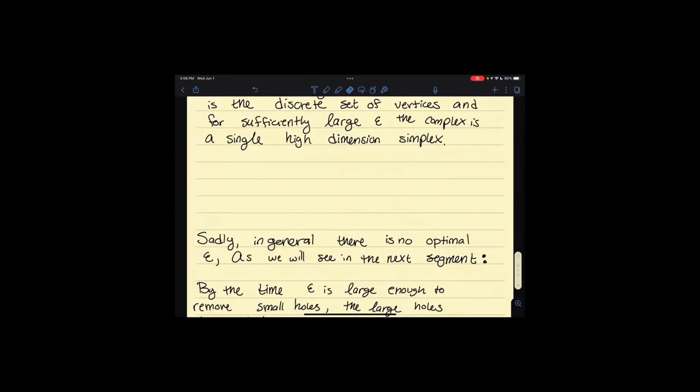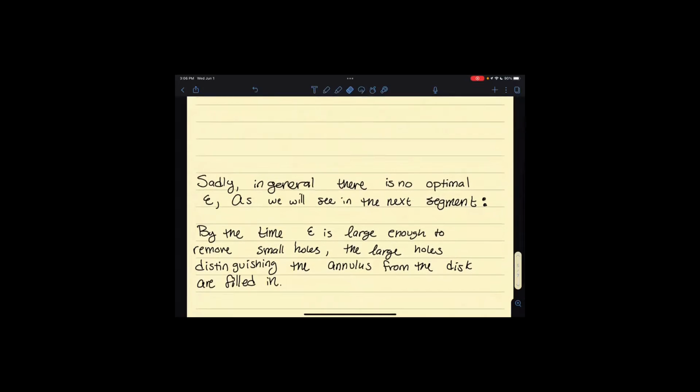But sadly, in general, there is no optimal epsilon. As we're going to see in the next segment, we're going to look at some times when an epsilon grows so large that we remove small holes that we feel like are not important. But the problem is that large holes distinguishing the annulus from the disk become filled in once we close up those smaller holes.